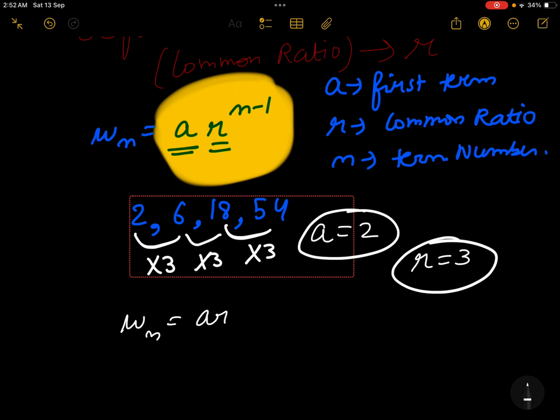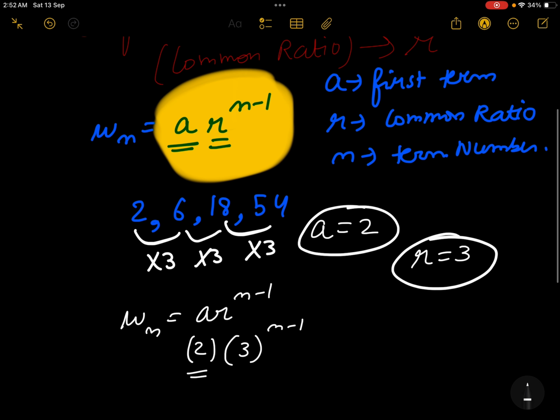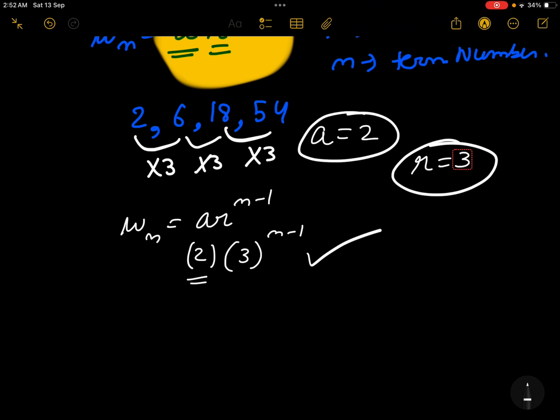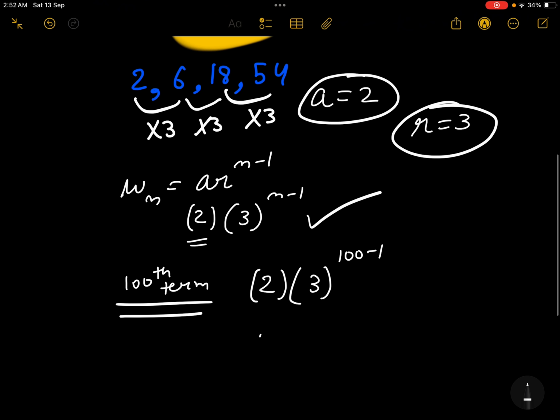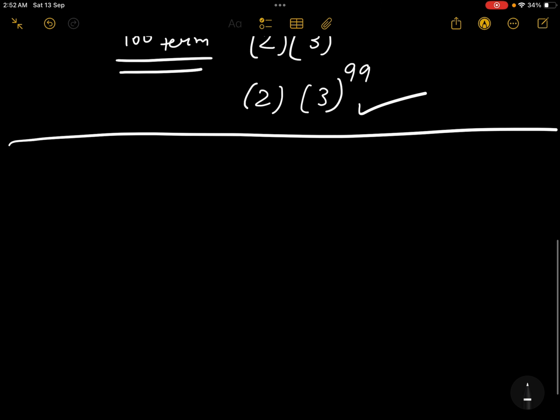Un is a r to the power n minus 1, so we have 2 into 3 to the power n minus 1. To calculate the 100th term, we have 2 into 3 to the power 99. Is this clear? Then we have some questions from your managed bag which I will solve one by one.